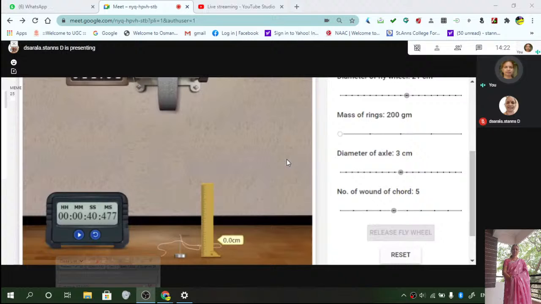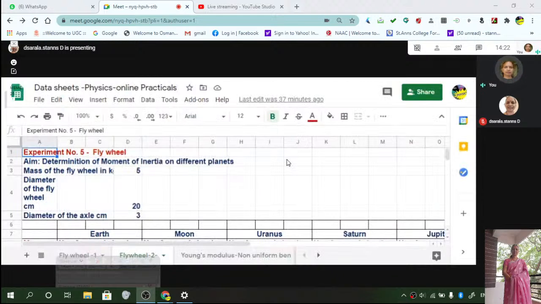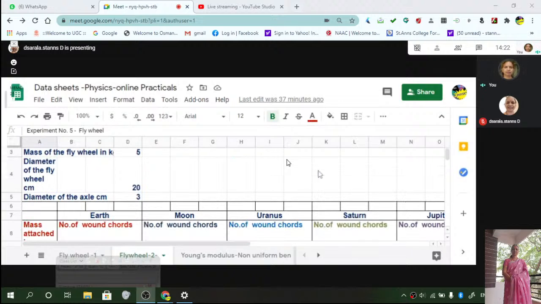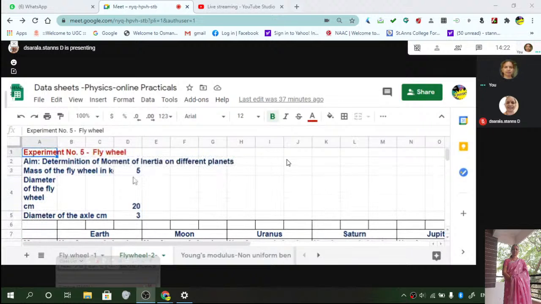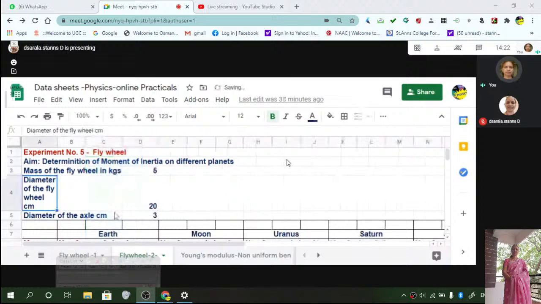So prepare your Excel sheet before you start your experiment. In that Excel sheet, this sheet should have been kept ready. So mass of the flywheel is 5 kgs, diameter of the flywheel is 20, diameter of the axle is 3.